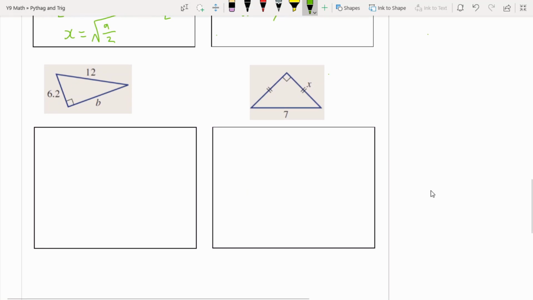Alright, now the second one, exact same deal as the one before. Let's just start substituting the values in. 12 squared equals a is 6.2 and we don't know b squared, so we'll just leave it there. Alright, now move them over to one side again. 12 squared minus 6.2 squared gives us b squared.